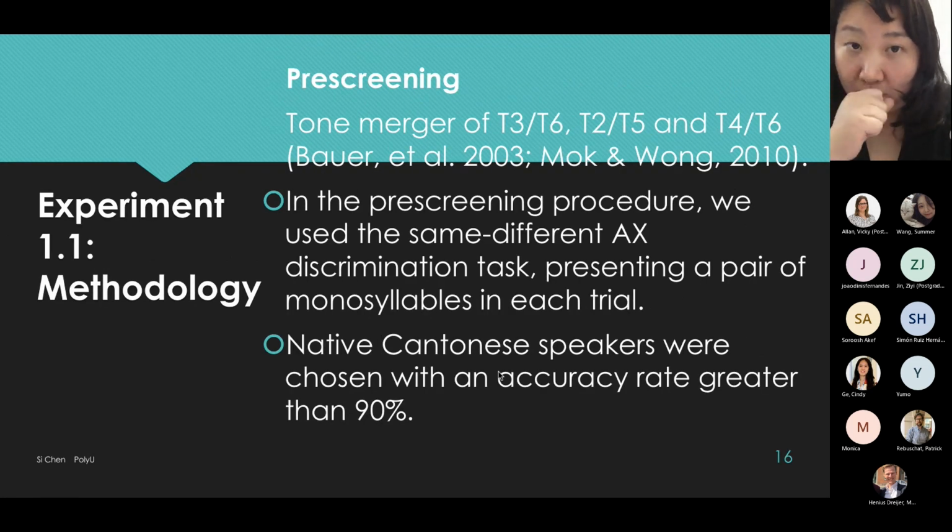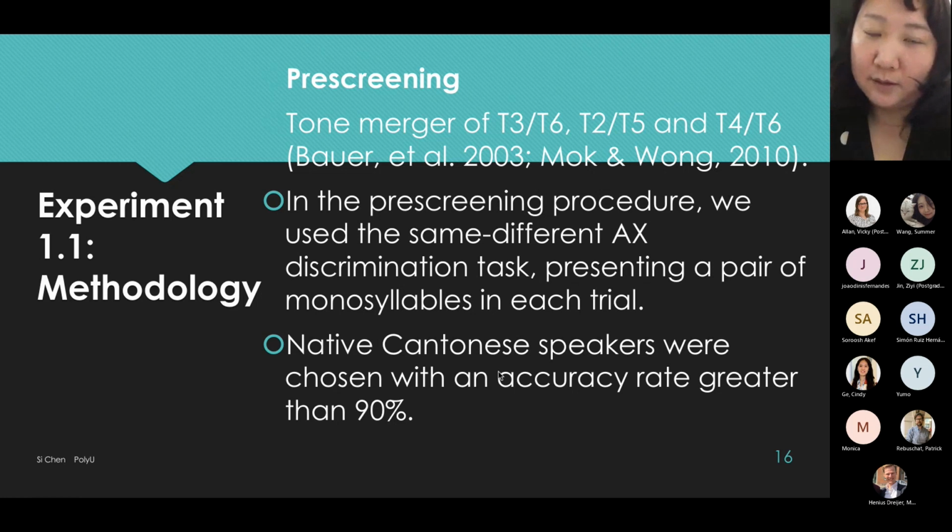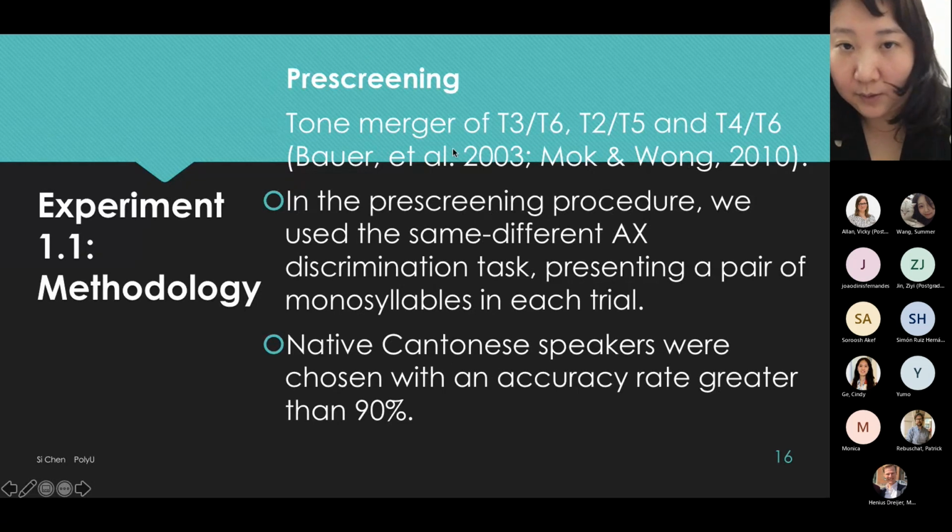And there is also one more problem that we need to deal with because of the tone merging phenomenon. There have been some studies showing that there are tones that are merging, say, some speakers cannot really identify tone 3 versus tone 6, tone 2 versus tone 5, tone 4 versus tone 6.